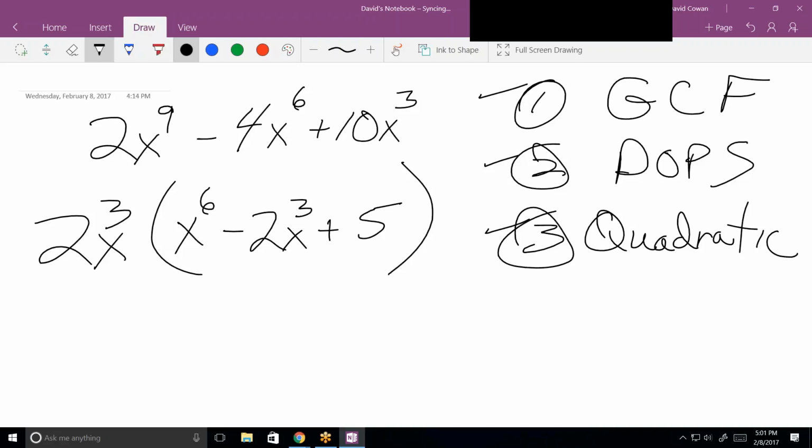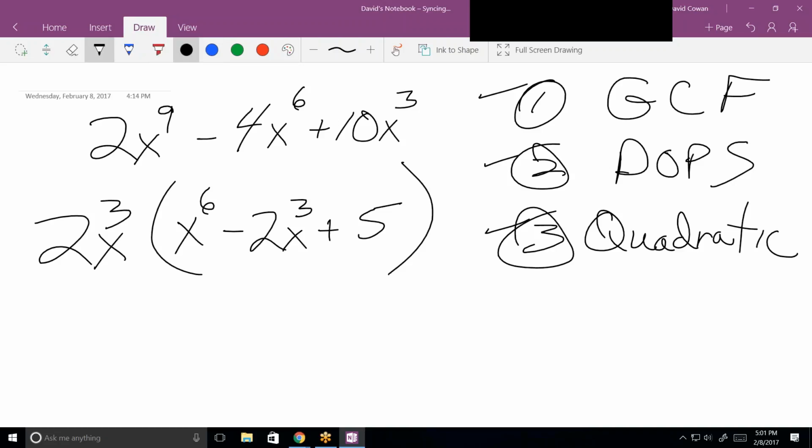Okay? Now, question is, does this factor further? No. You're right, it doesn't. At least not without applying the quadratic.